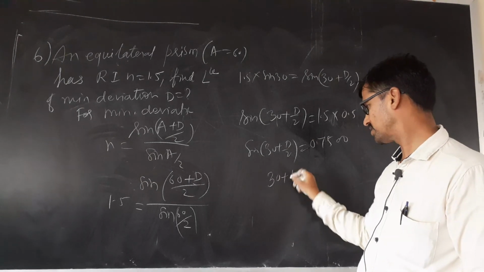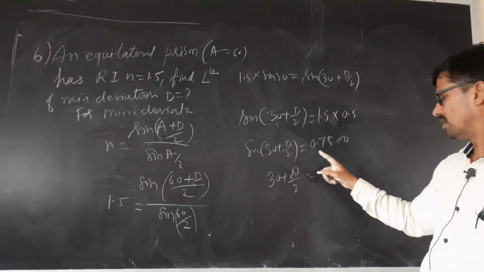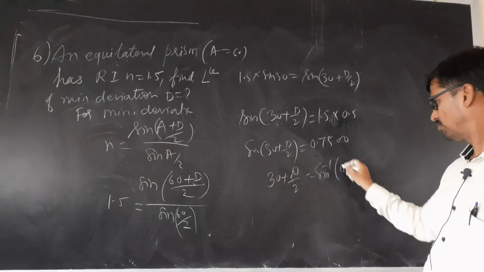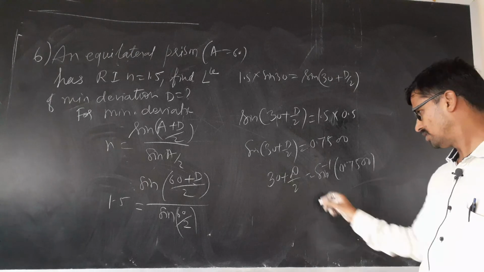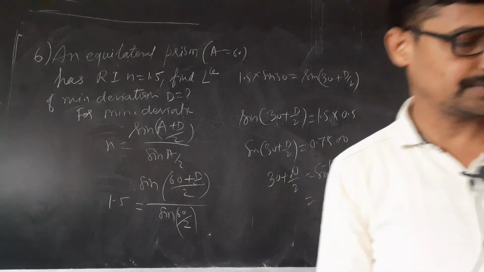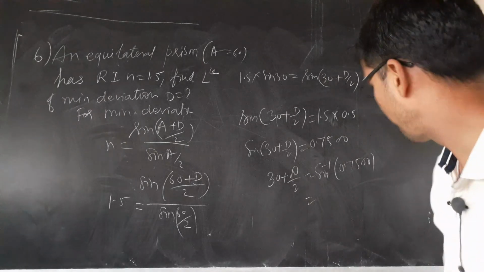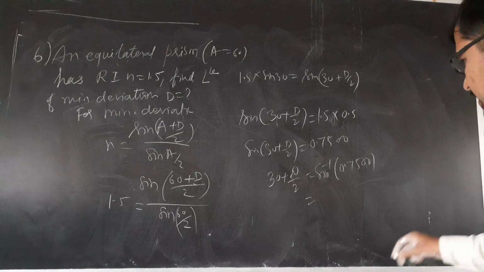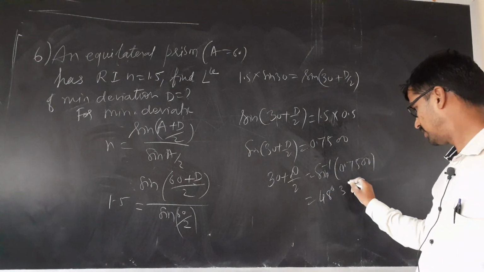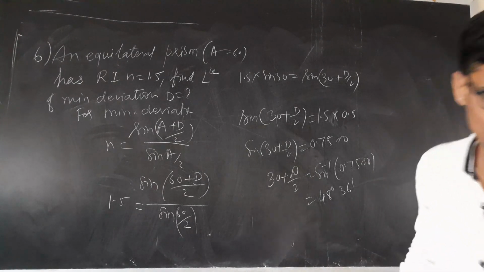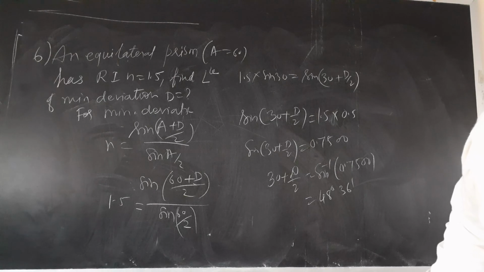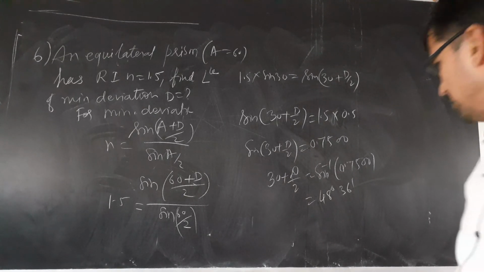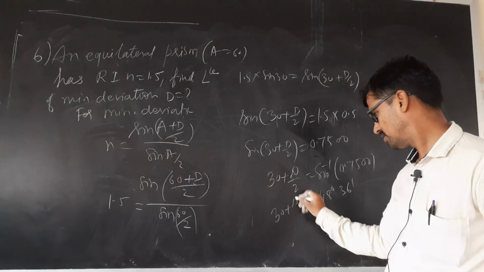Therefore, 30 plus D by 2 is equal to sine inverse of 0.7500, which is almost 48 degrees 36 minutes. So this is 30 plus D by 2.